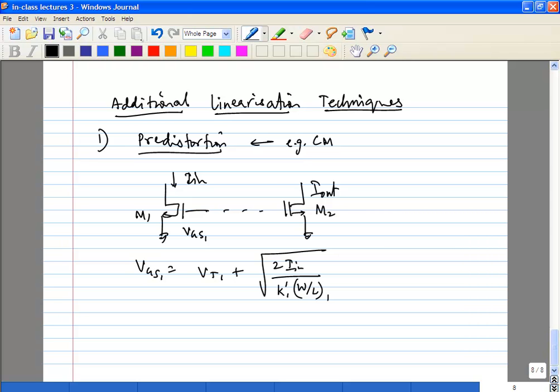This is, for example, the simplest example of predistortion. Effectively you're taking the input current which has some information, you're distorting it into a voltage with some kind of nonlinear relationship and eventually converting it back to a current.